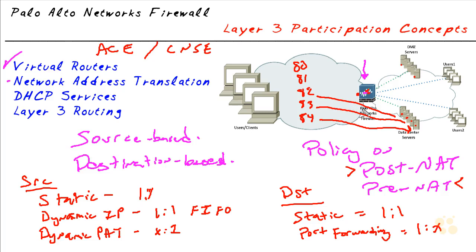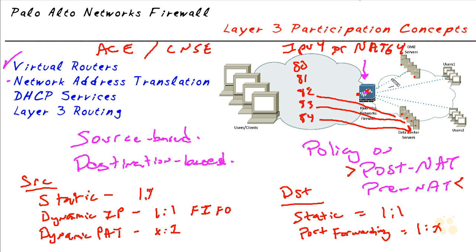Now, Palo Alto, by the way, certainly does IPv4 based NAT. We also do NAT64. Inside IPv6, by the way, there is no network address translation. It's against the rules. So you can't do v6 to v6 network address translation.